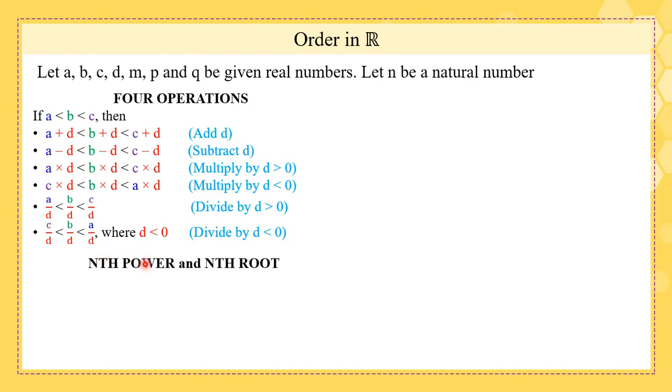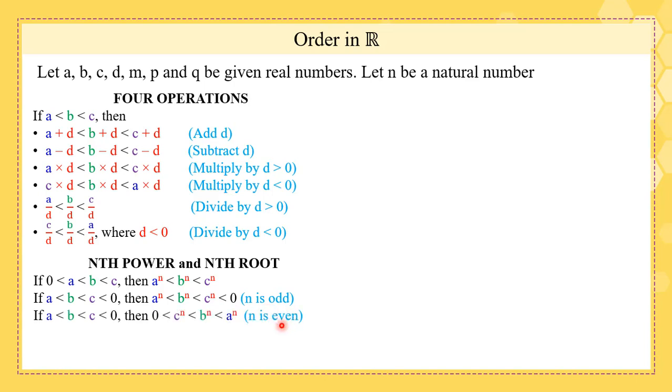Now, what happens to the nth power and nth root? If A is smaller than B smaller than C and all are positive, then we can say that A power n is smaller than B power n is smaller than C power n. Now, if A is smaller than B is smaller than C and all are negative, we can also say that A power n is smaller than B power n smaller than C power n, and all of them are negative in case n is odd.